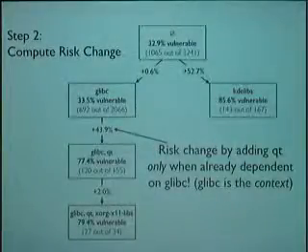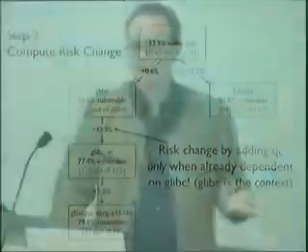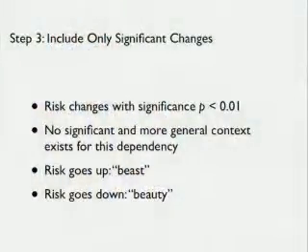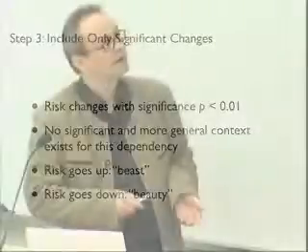So now that we have this graph, we need to include only those changes that are statistically significant. And we do that by employing statistical tests, either a chi-square test or what is known as a Fisher exact test. And we include risk changes only when they are statistically significant at the 1% level. That means that a change this high will be observed by chance in only 1% of the cases or less.